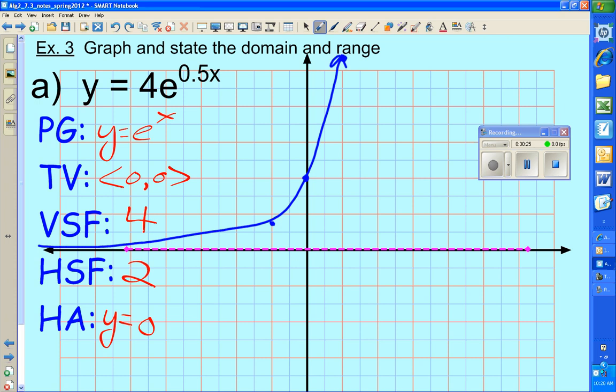You're going to have a graph that looks something like that. It looks like I missed it a little bit. So I have to just drop her down a little. It's pretty close. Any questions on that one?